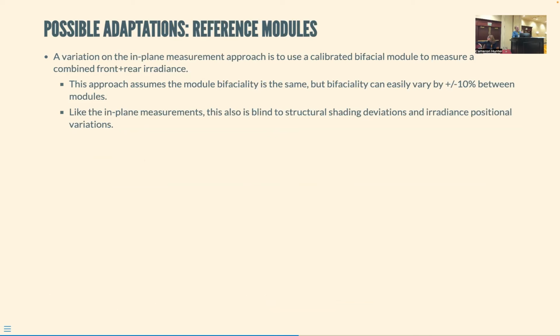Another idea is using a reference module. So a reference module says, I'm not going to try to measure them separately. I'm just going to give you, say, a short circuit current out of a module that is the quote same as the rest of the modules, which is fine as long as they are the same, as long as they're exposed to the same conditions. But if you're close to the end of the row, you're going to be brighter. And if you're close to the middle of the row, you're going to be dimmer.